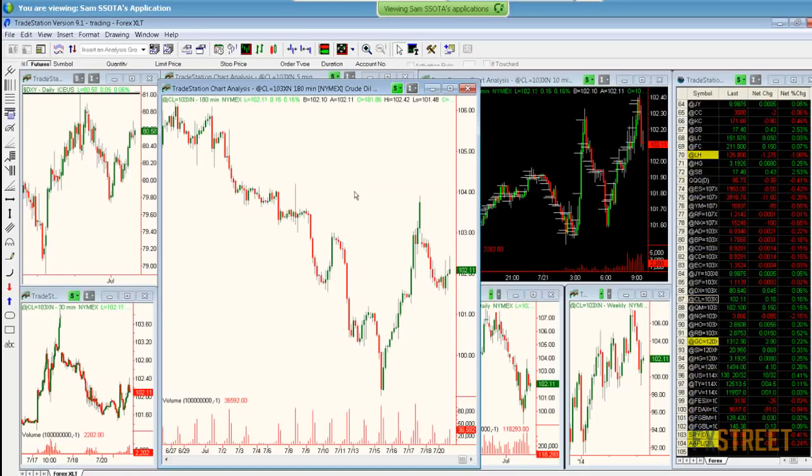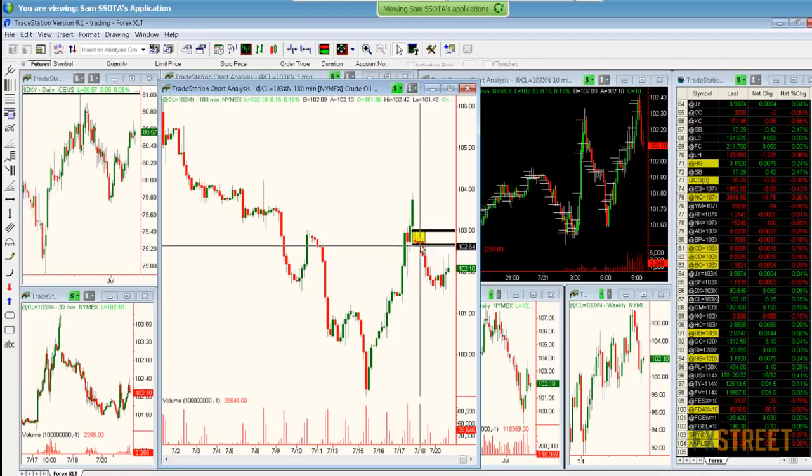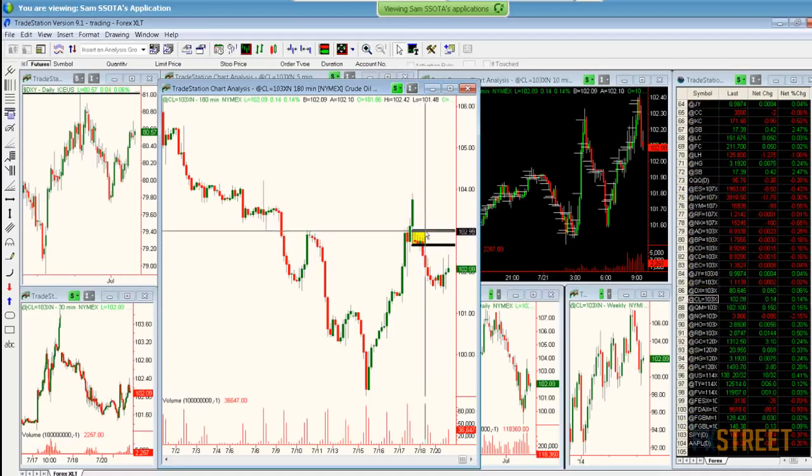So here's crude oil. The level I want you to focus on, I was looking at this earlier, is this guy right here. It comes in at, call it 102.70, and you need your stop just above 103. So 102.70 with your stop just above 103. Make sure you're okay with the risk, and obviously the position sizing is everything there.